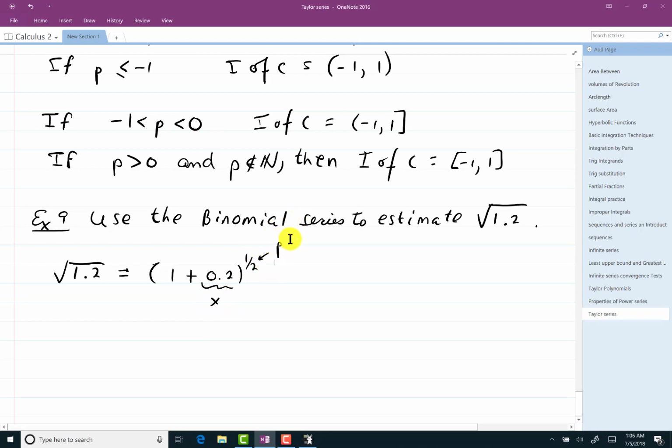And I don't even recommend the series notation for this. It works like this.